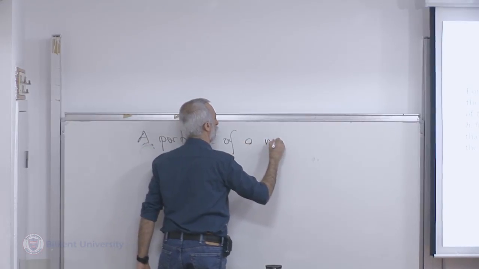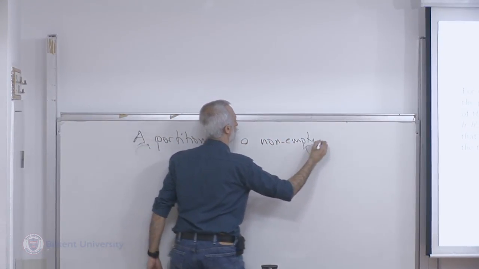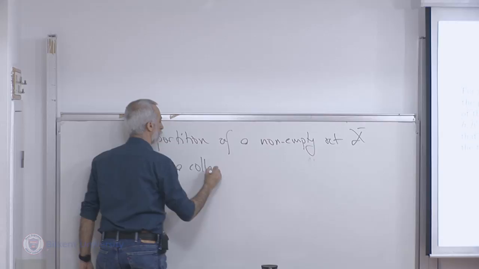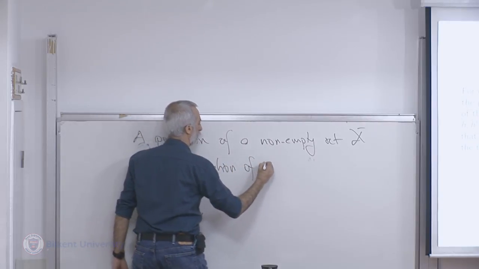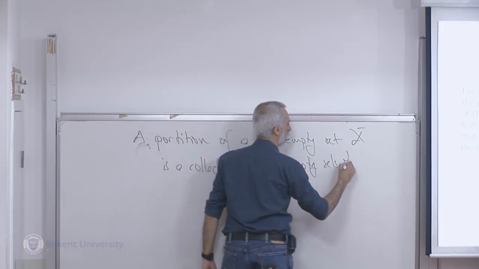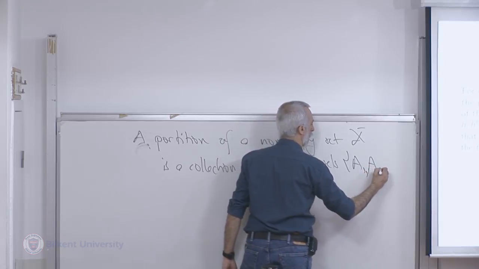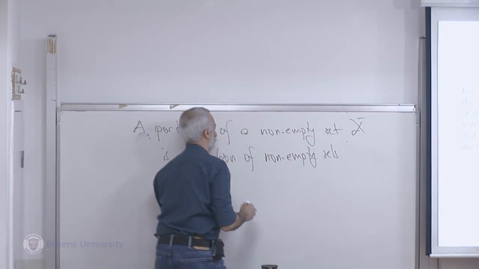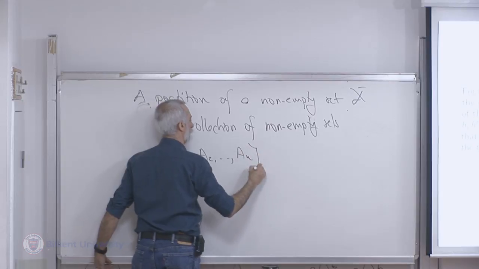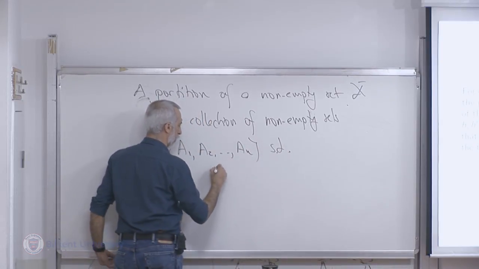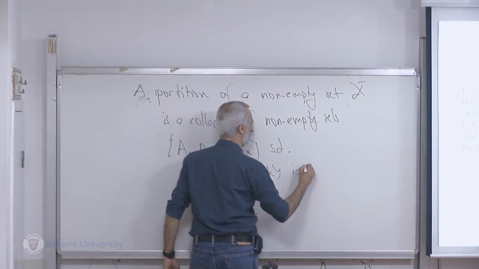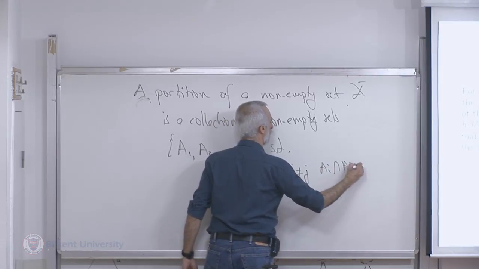A partition of a non-empty set X is a collection of non-empty sets A1, A2, up to AK, such that for any i, j from 1 to k, if i is different than j, Ai intersection Aj is empty.